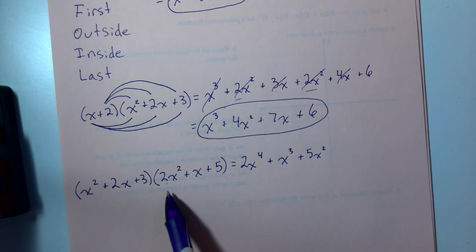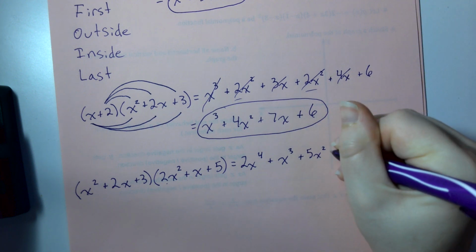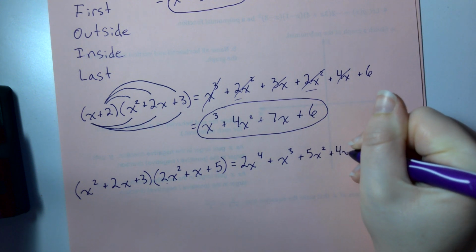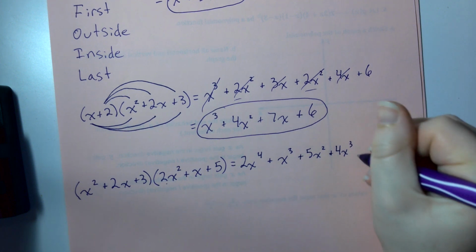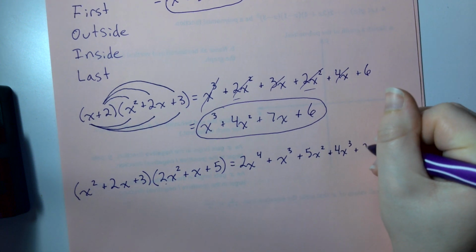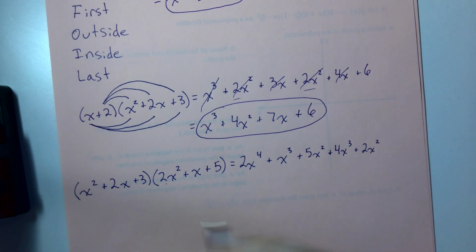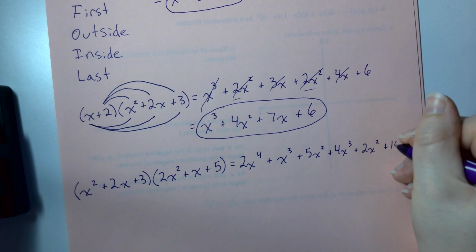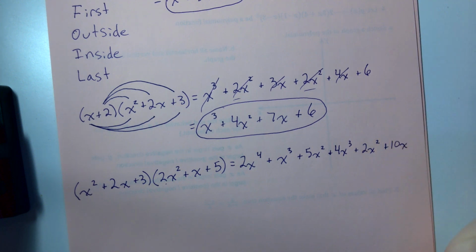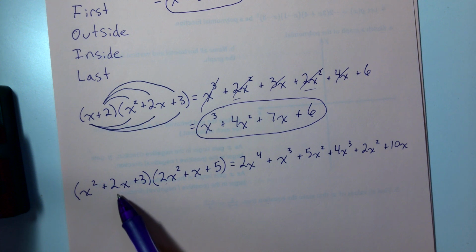So 2x times 2x squared is going to give us 4x cubed. 2x times x is going to give us 2x squared. 2x times 5 is going to give us 10x. Okay, now we're done distributing the 2x as well.